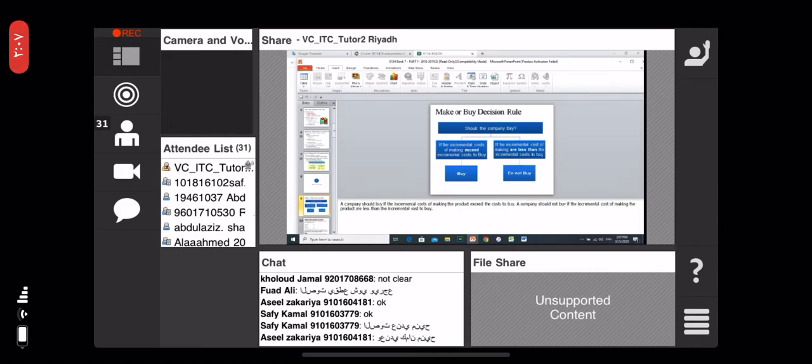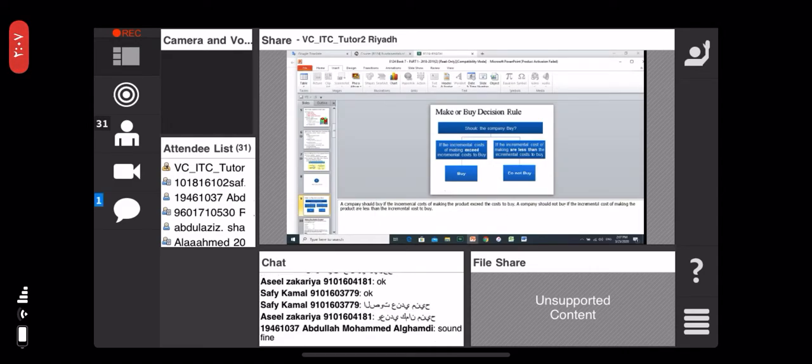Okay, so we'll repeat. For the making or purchases decision, you need to compare between what? Between two costs. First cost, the purchases cost, and second, the making cost.